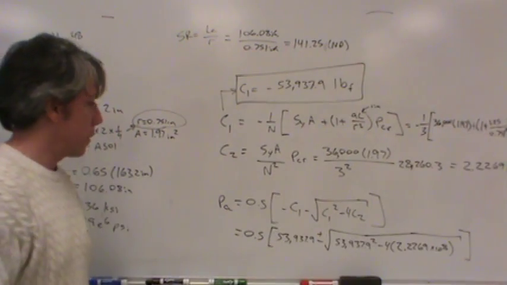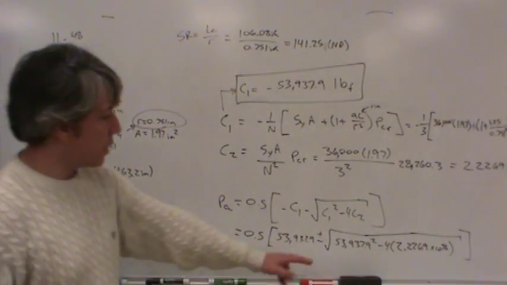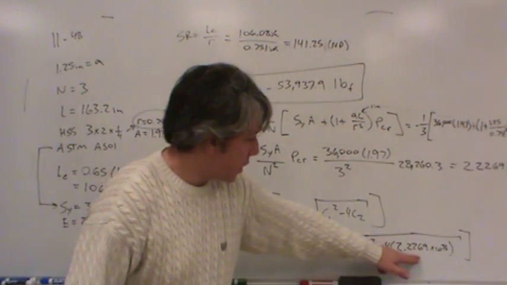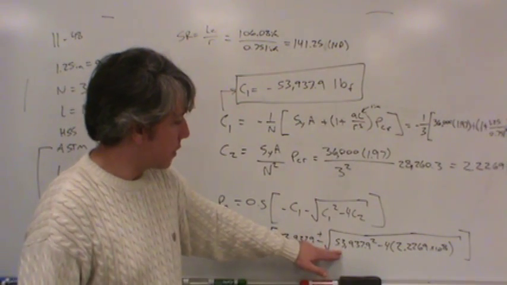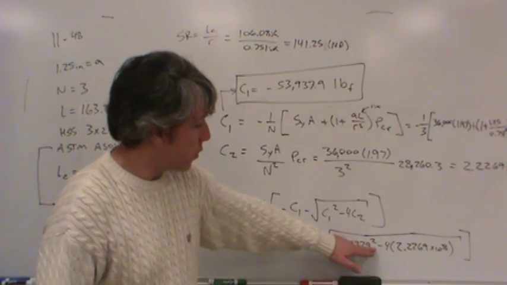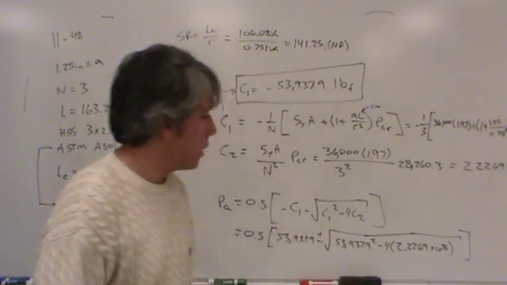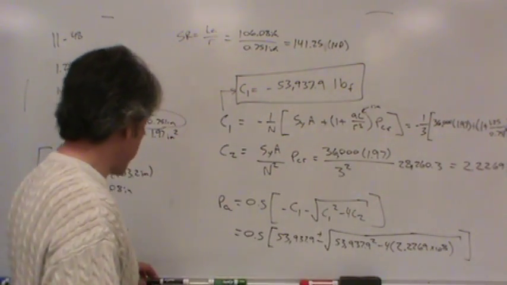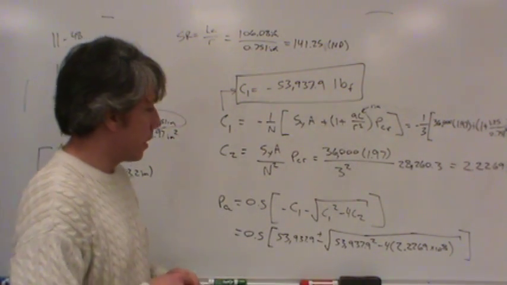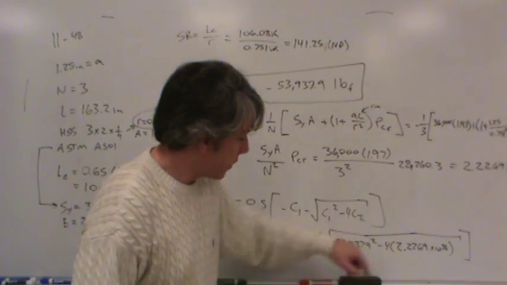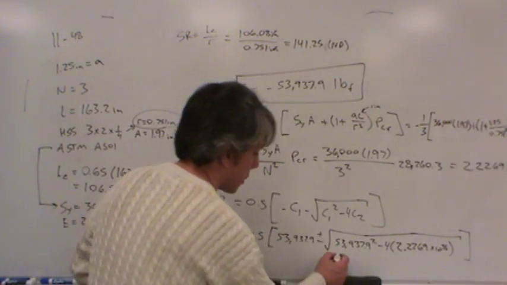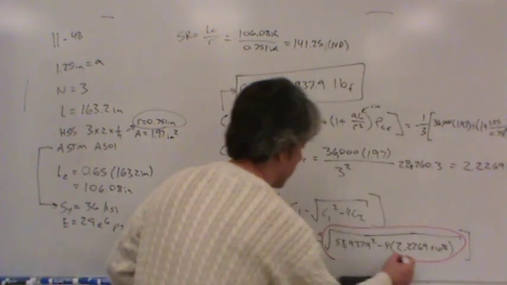There we go. So what I would do is, first of all, figure out this number, right? 53,937.9 squared minus 4 times 2.2, etc. times 10 to the 8th. Take the square root of it, and we'll write down that result here. So just give me this bit to start.